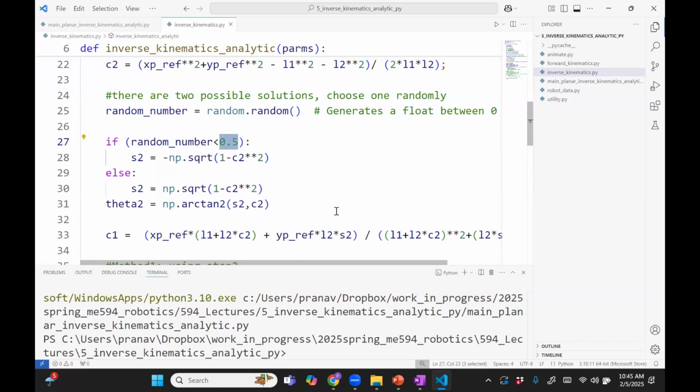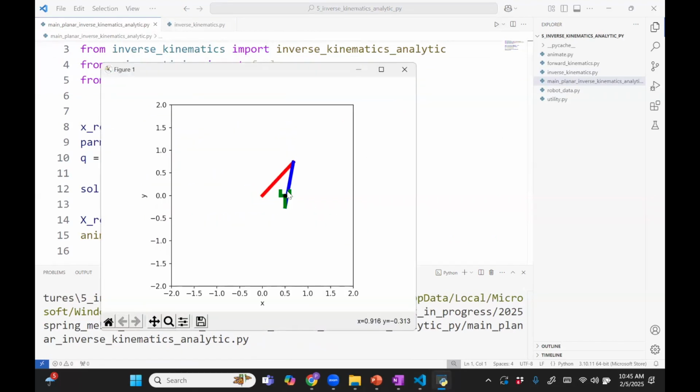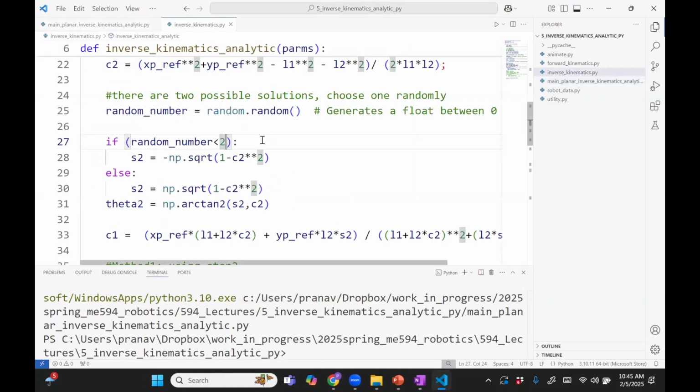So let me just say it's less than 2, so it'll always go through this one. Now if I run this, it gives me the second solution. Okay, so this is the other solution. There are two solutions to the inverse kinematics, and this particular method actually gave us both. Given the random number, it generates one of the two. Okay, I'll stop here.